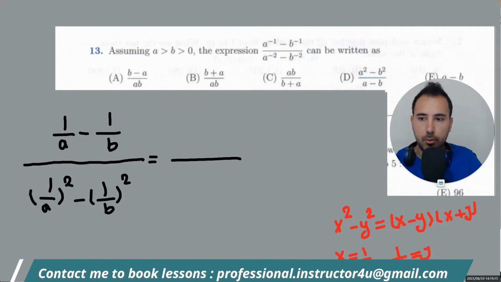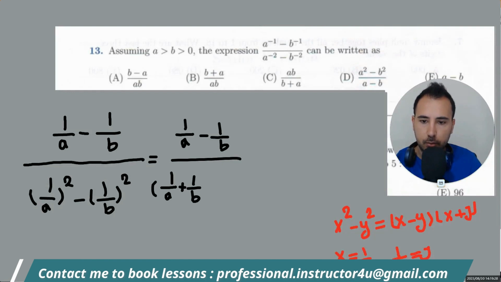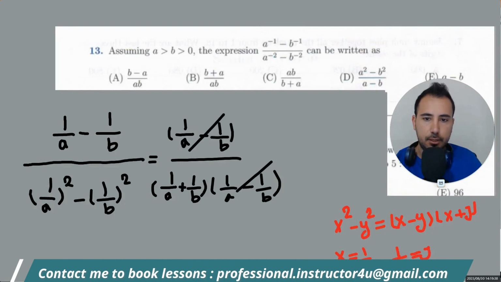So I'm going to go 1 over A minus 1 over B. Once we add these two, 1 over A plus 1 over B, multiply by, once we subtract them, 1 over A minus 1 over B. So you would see that this one and this one are equal, so we'll cancel. So it will be 1 over A plus 1 over B.